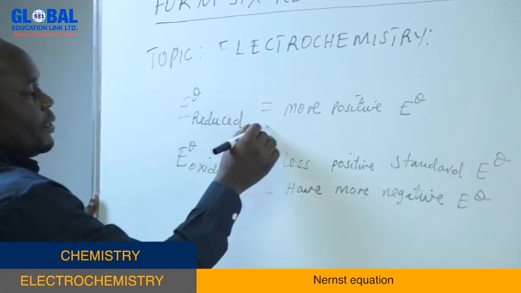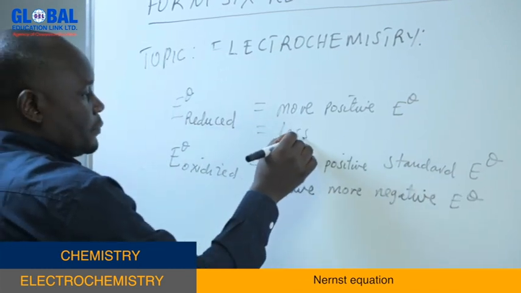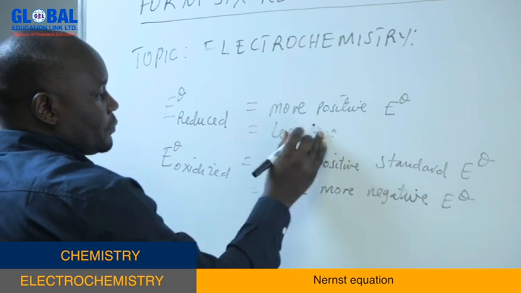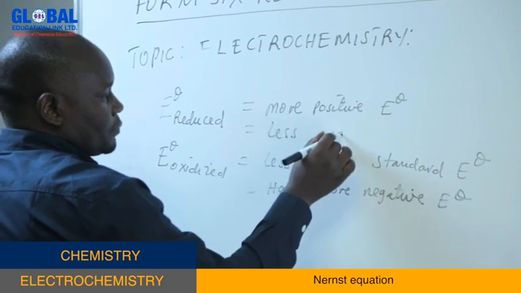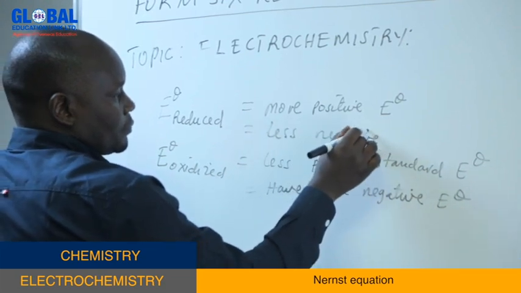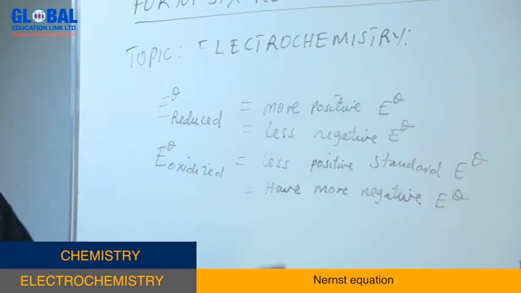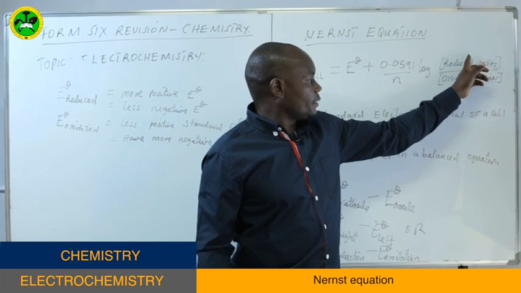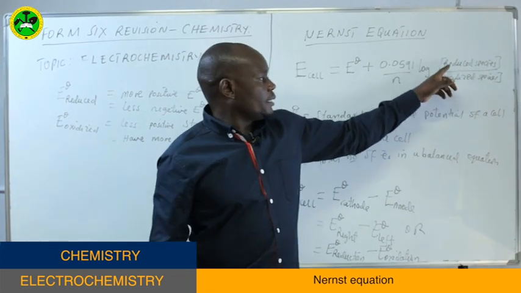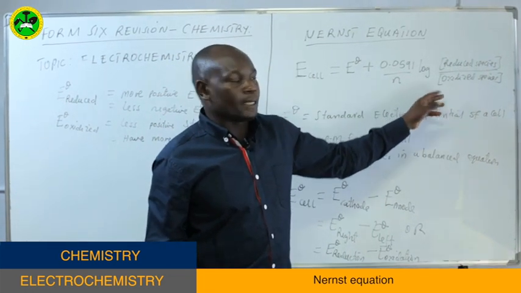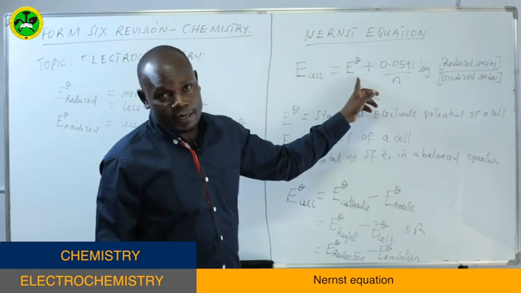That is how you can identify which species will be reduced and which will be oxidized. But also mind you that if the species oxidized becomes the numerator and the species reduced becomes the denominator, then the sign here will change, it will be minus.